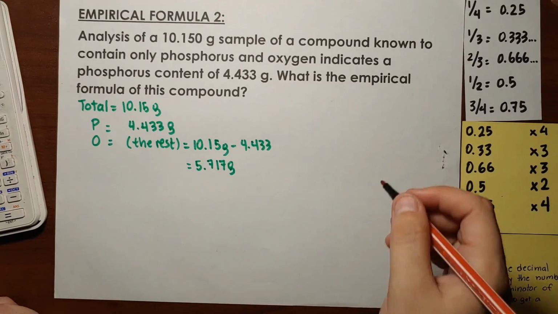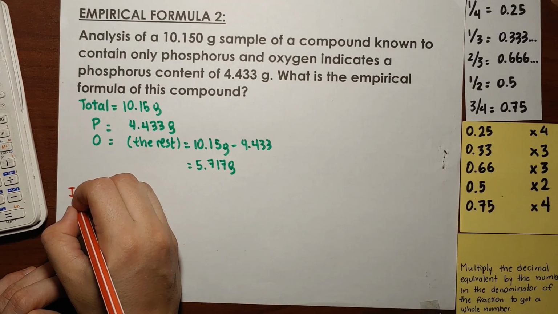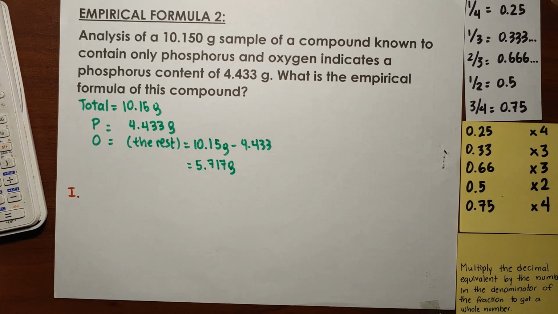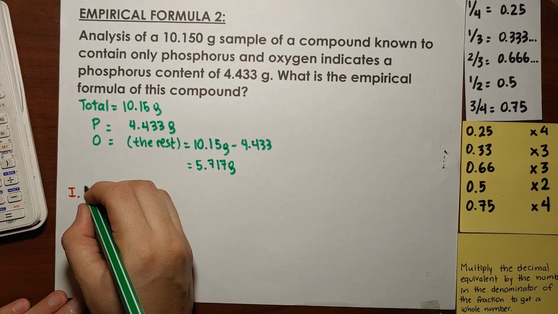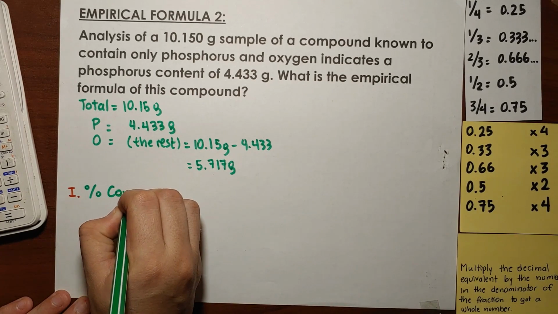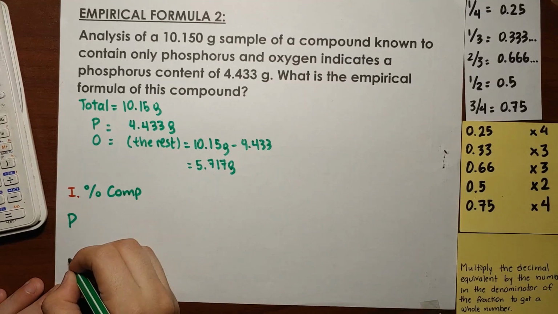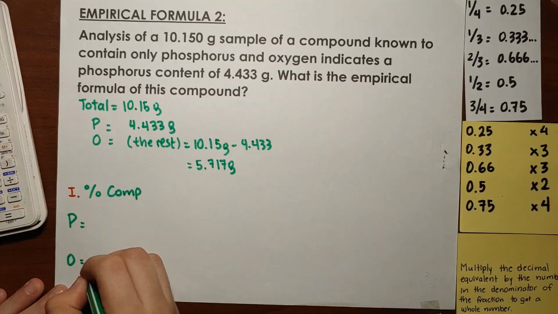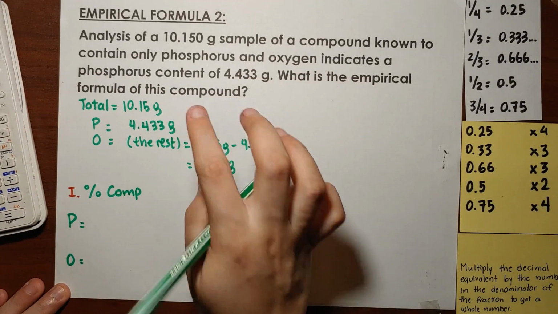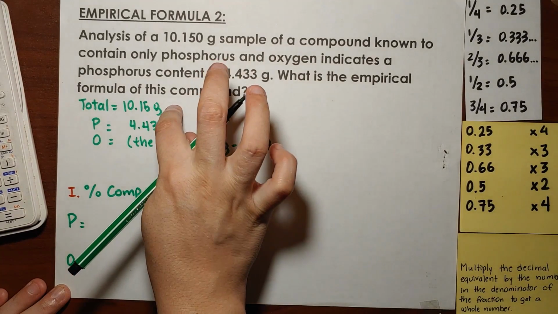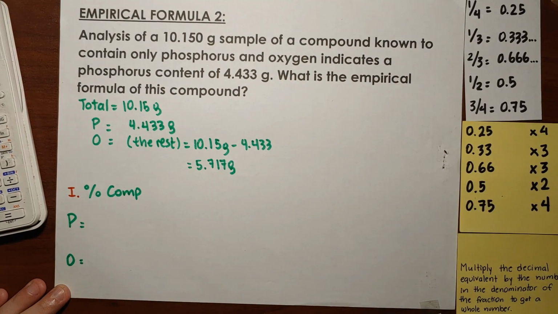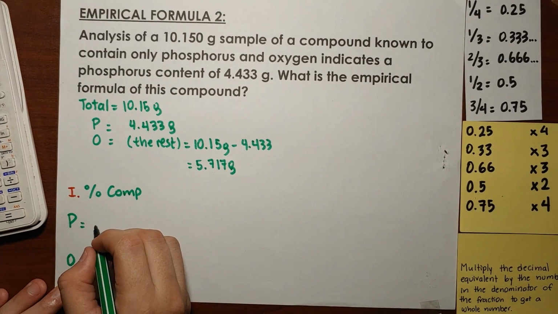In my next step, I'm going to get the percentage composition. So what I'm going to do is take phosphorus and oxygen, take their individual masses, divide by the total mass, then multiply by 100.